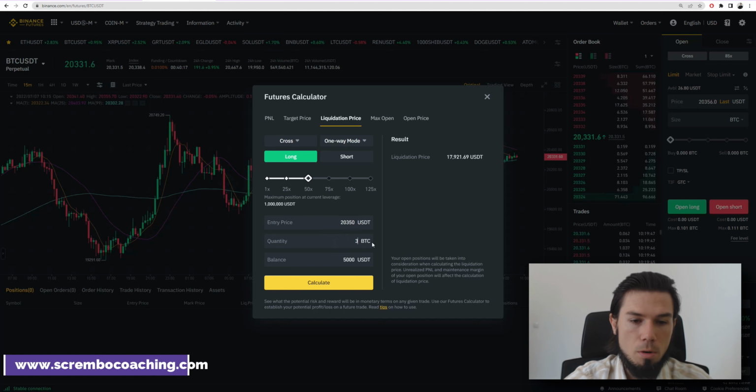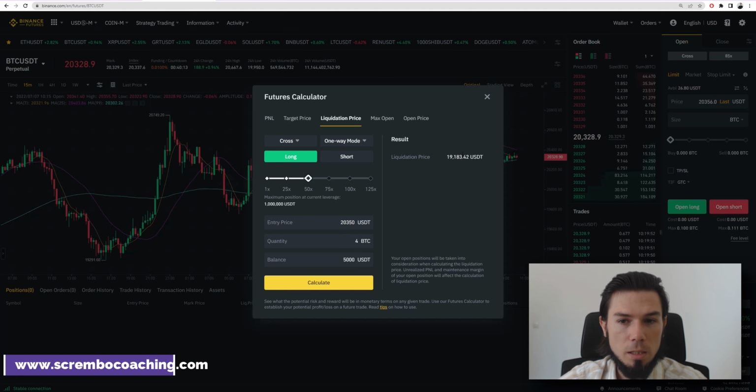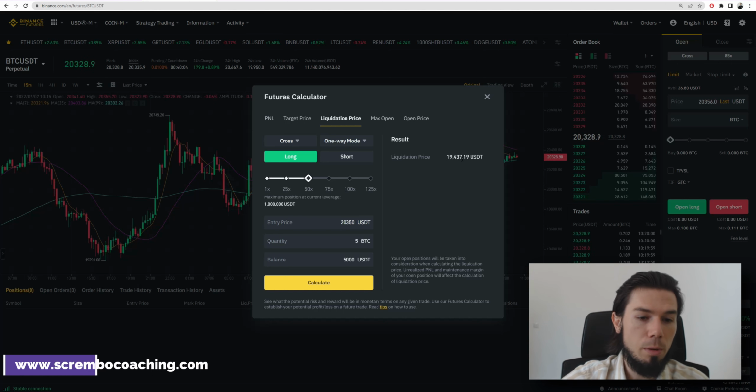What about 3 BTCs? 4 BTCs, take a look at that, or 5 BTCs. 5 BTCs, it's right there next to you, 19,437. We have been asking more from the exchange, right? We've been asking for 5 Bitcoins. If we want to discover the margin cost of 5 Bitcoins, we need to divide 5 by 50, because it's leveraged with 50, right?